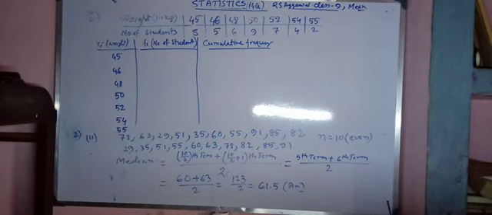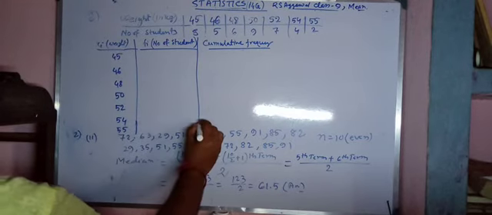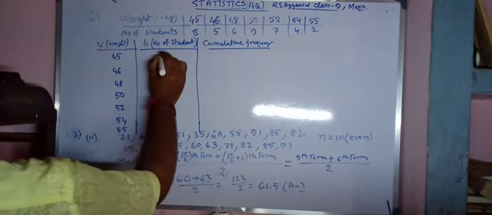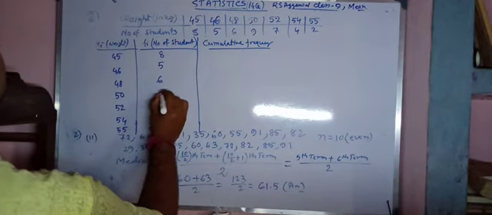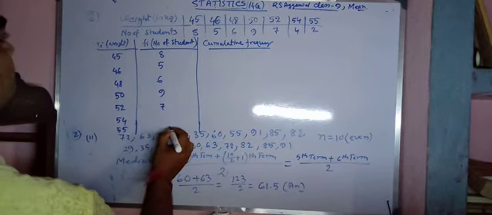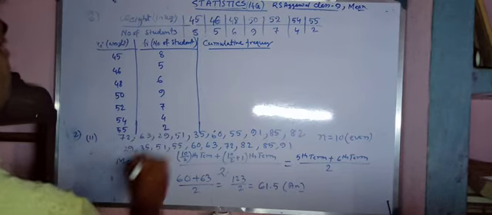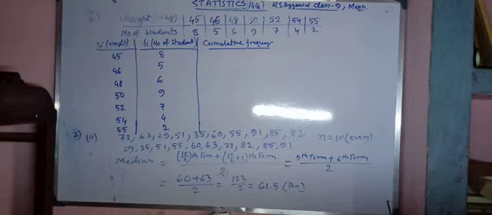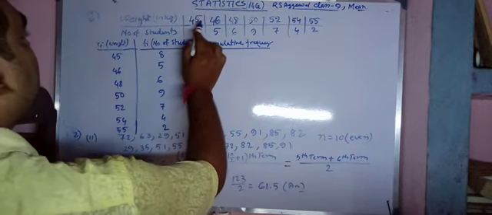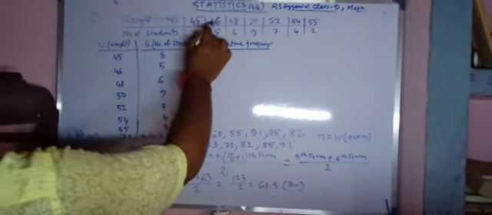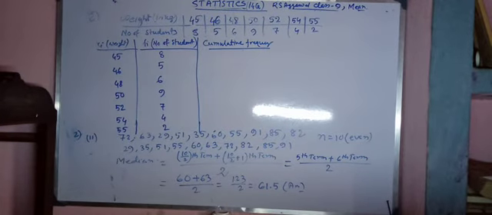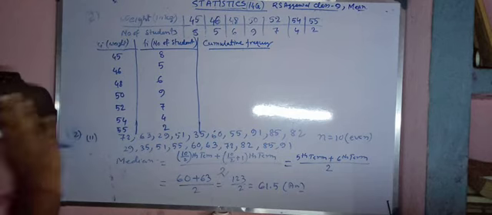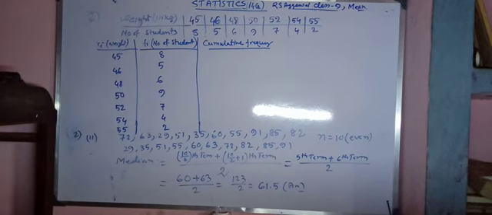And this is 8, this is 5, this is 6, this is 9, 7, 4, 2. So now, as the data is given in ascending order, 45, 46, 48, 50, 52, we don't have to adjust it here.